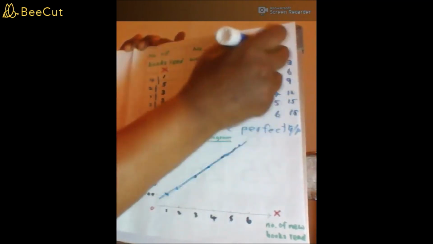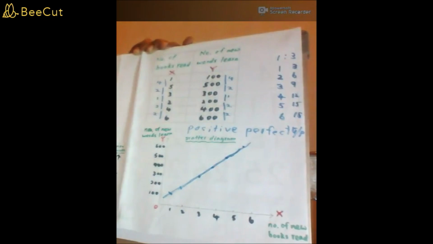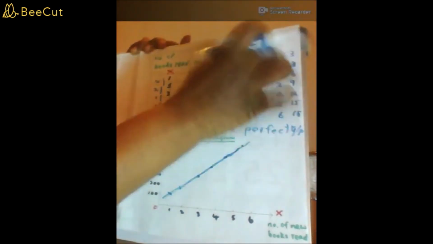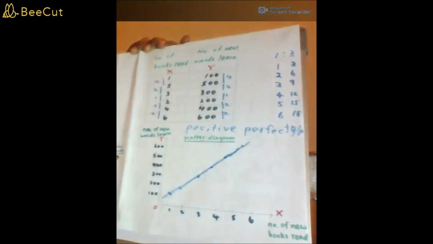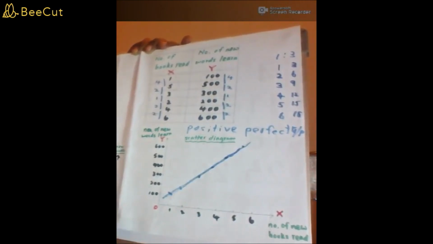What's the ratio here? 1 to 3. So there's a perfect relationship. If you draw the scatter diagram, you can find a relationship like this. So there's a positive perfect relationship.